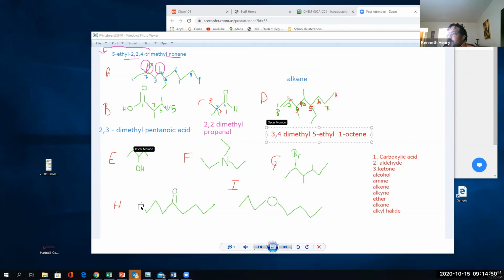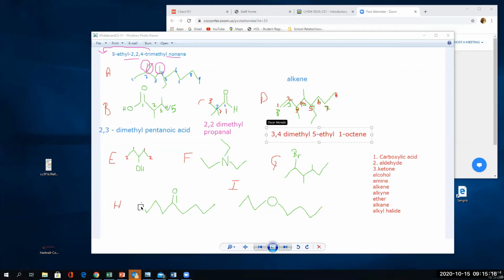And Cole is going to do I for us. Right, Cole? Sure. Now remember, you want to count the longest carbon chain. That's my hint.